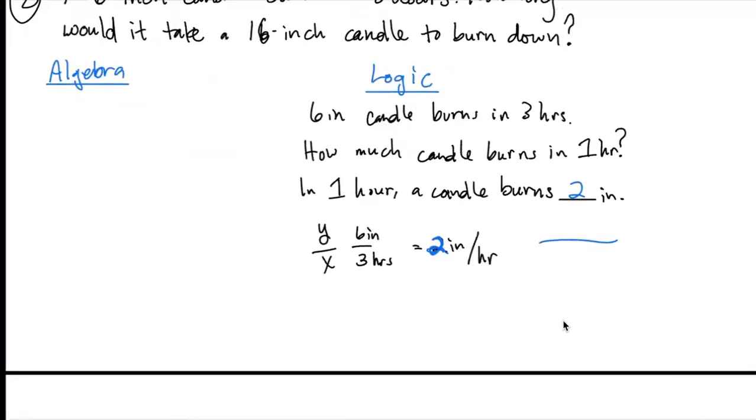If you want, you could do a table. Hours, inches. So 1 hour burns 2 inches. That means in 2 hours, it would burn how many inches? 4 inches. In 3 hours, it would burn 6. So how many hours would it take to get to 16 inches? Well, we see the pattern here. It's just times 2. So what number times 2 is 16?